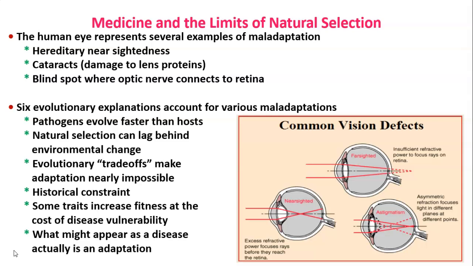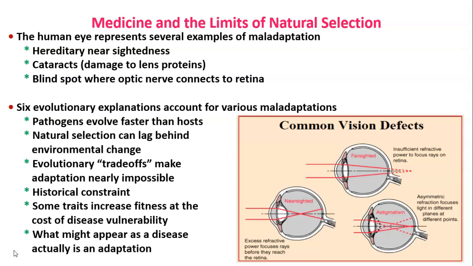And of course, this section is titled Medicine and the Limits of Natural Selection. There's numerous aspects of our human anatomy and or physiology that are, quote, maladapted. They certainly are not an optimum sort of phenotype given the costs of what they represent.